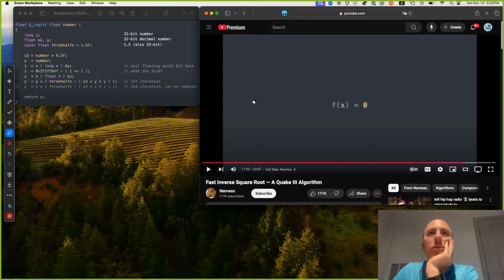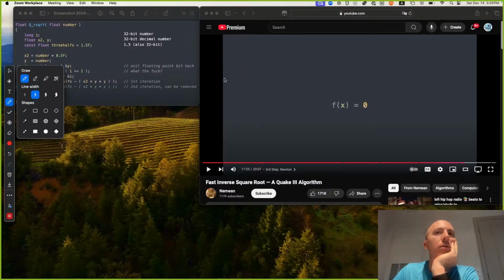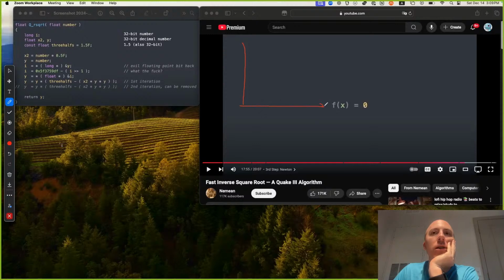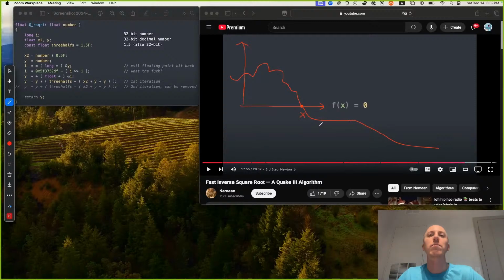So if you have some function like this, whatever this function is, it'll find this x value where f of x is equal to 0.